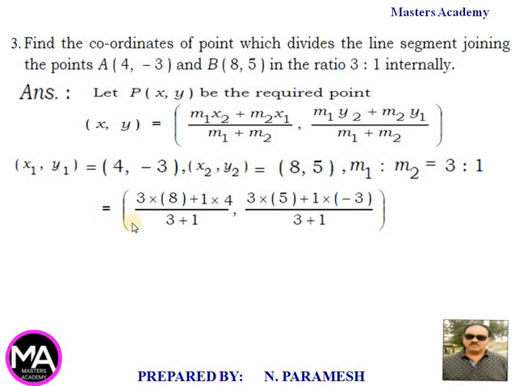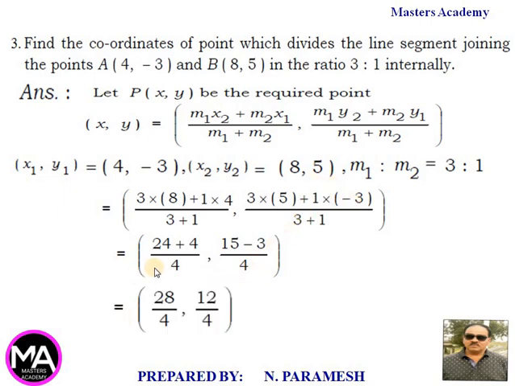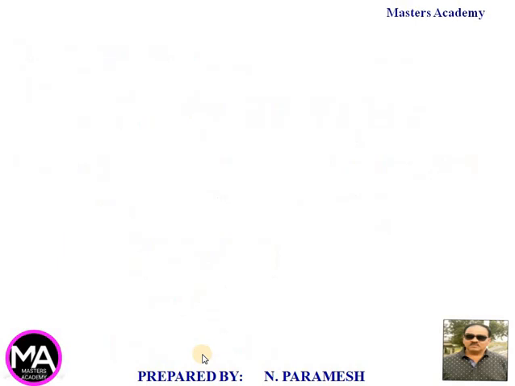Substituting, (3 times 8 plus 1 times 4) divided by (3 plus 1), (3 times 5 plus 1 times minus 3) divided by (3 plus 1) is equal to (24 plus 4) divided by 4, (15 minus 3) divided by 4 is equal to 28 by 4, 12 by 4, that is equal to 7, 3. (x, y) is equal to (7, 3).